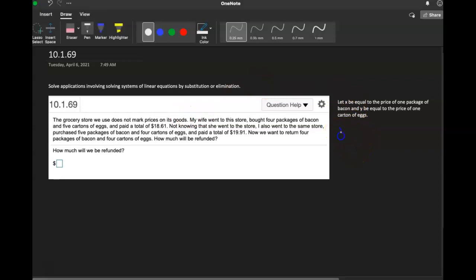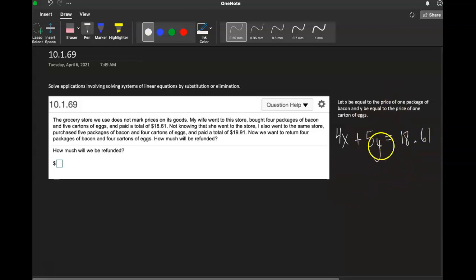So 4 packages of bacon at the unknown bacon price per package, x, plus 5 cartons of eggs at the unknown price of y per 1 carton of eggs gives us a total of $18.61.